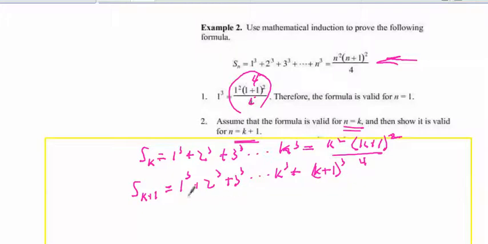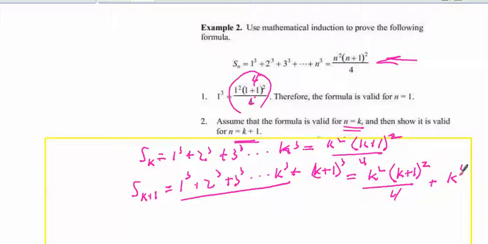So we know that the first chunk here, not including the last term, is equal to k squared times (k plus 1) squared all divided by 4. We have that from the line above, plus we have k cubed.